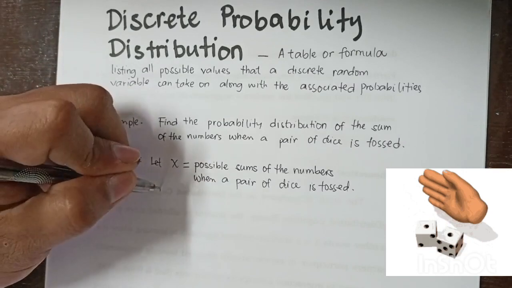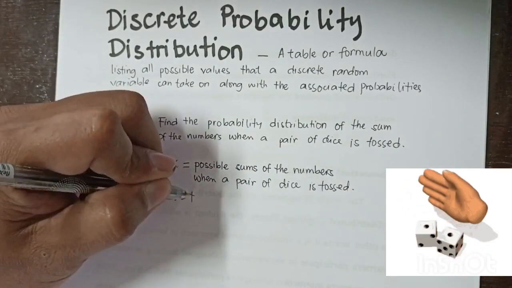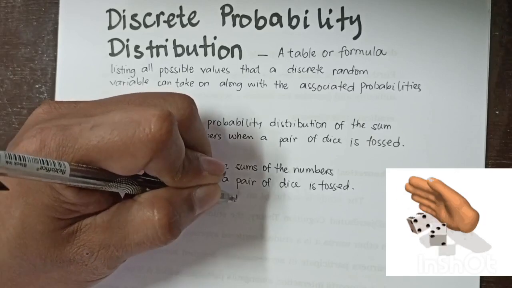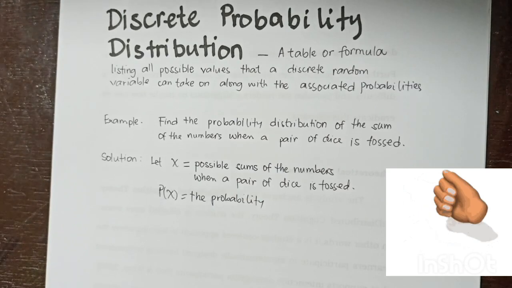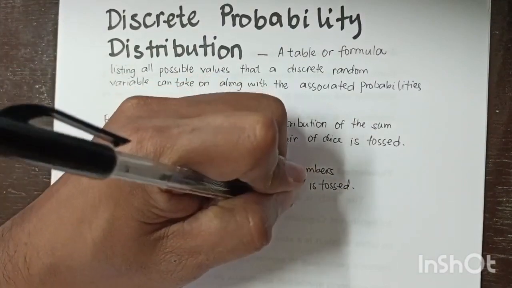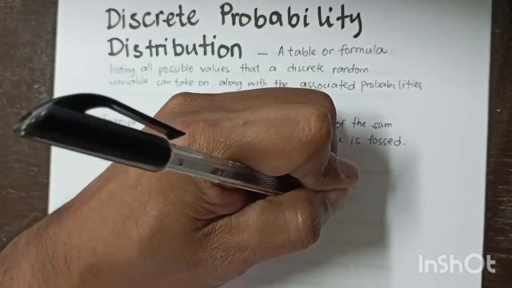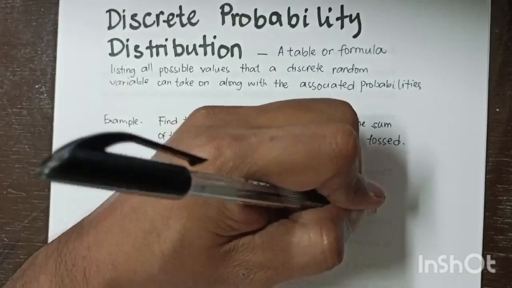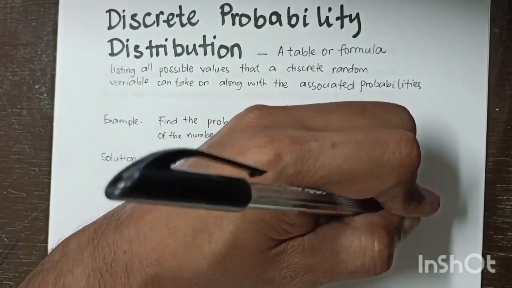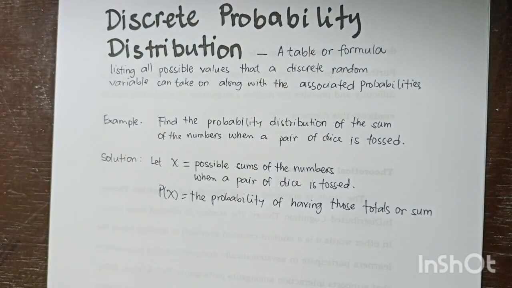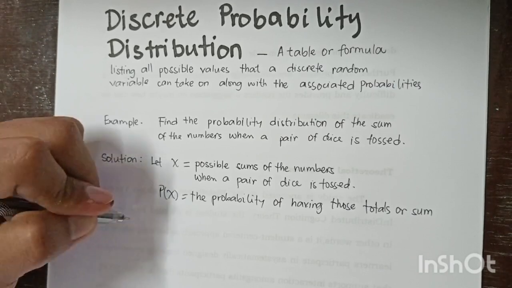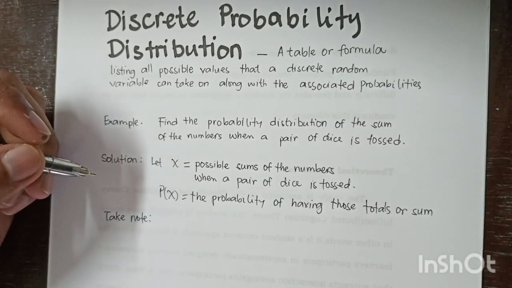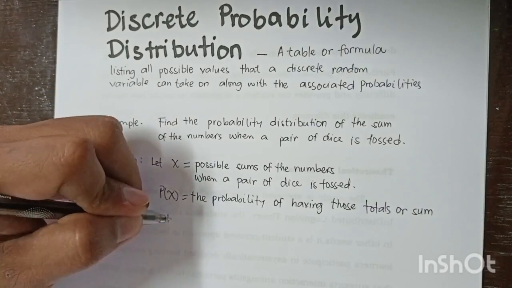Since a pair of dice is tossed in this example, we could get the possible sums by adding the numbers that would appear after tossing the 2 dice. With that, we are going to let P of x be the probability of having those totals or sums.